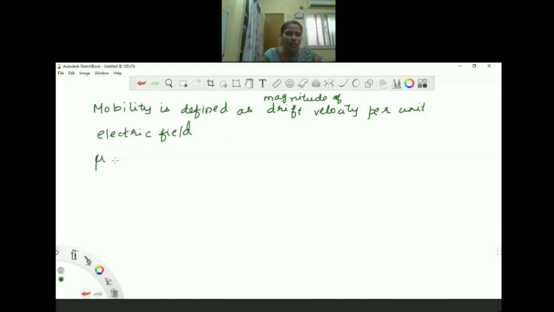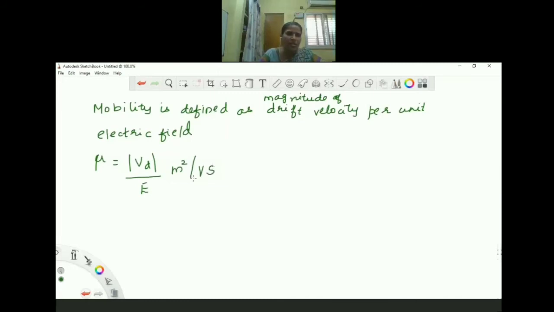That is, the magnitude of the drift velocity per unit electric field, and its unit is meter squared per volt second.